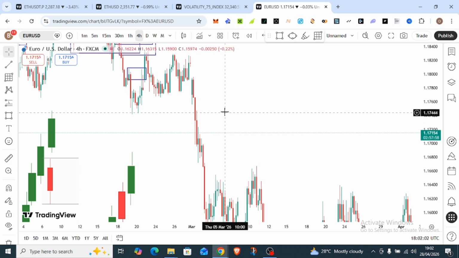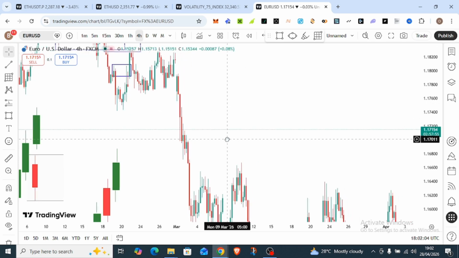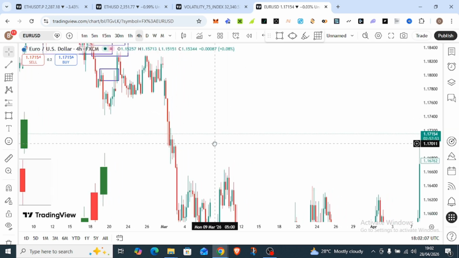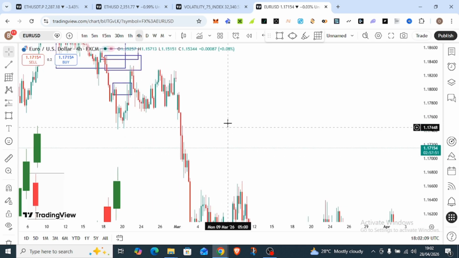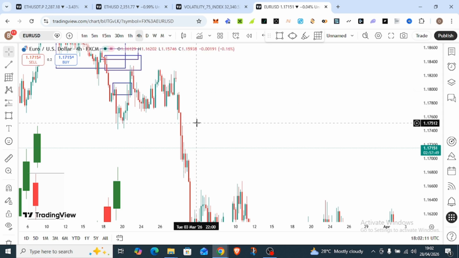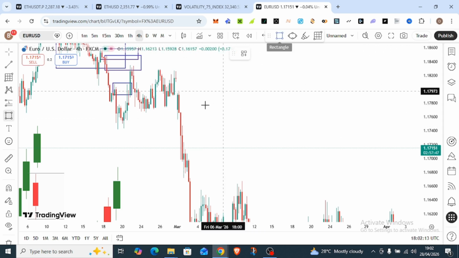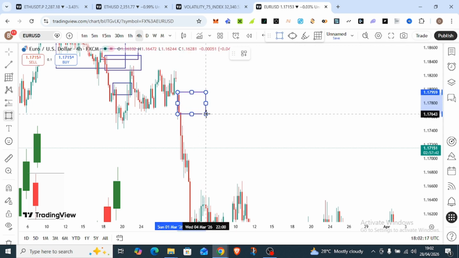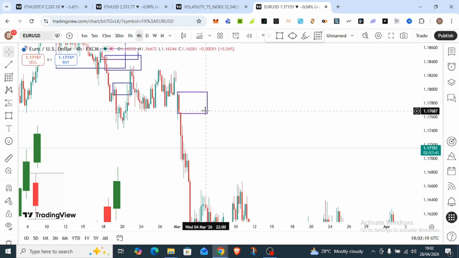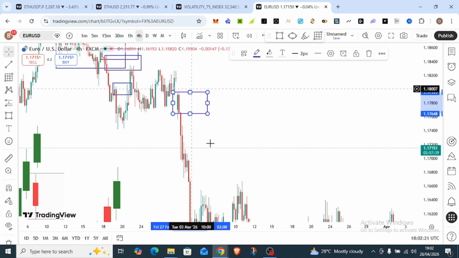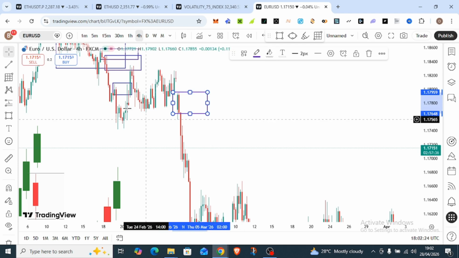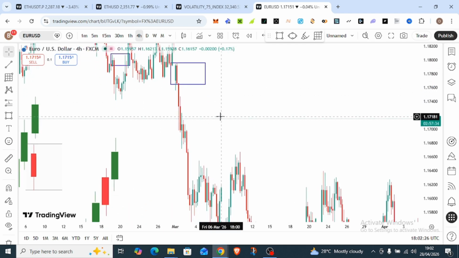There's a break of structure here. The previous candle high was taken. You can see this internal too. You can mark this as an order block too. This is another order block because the previous candle high was taken and there's a break of structure, but it's internal within this one.